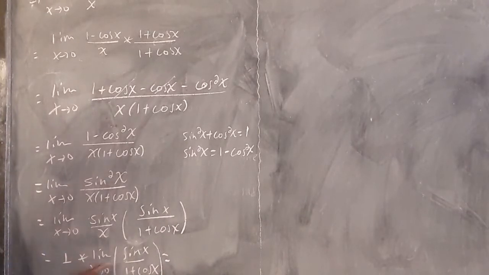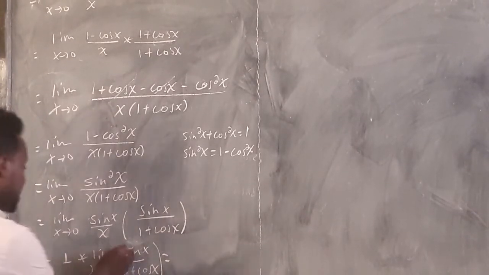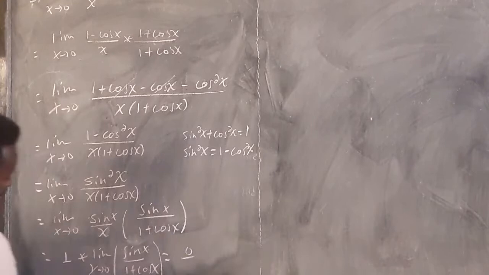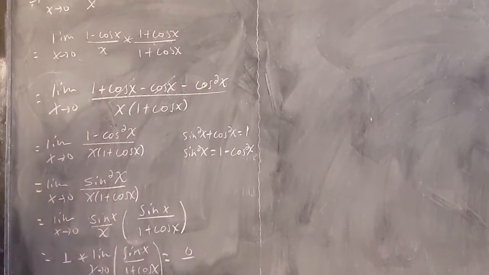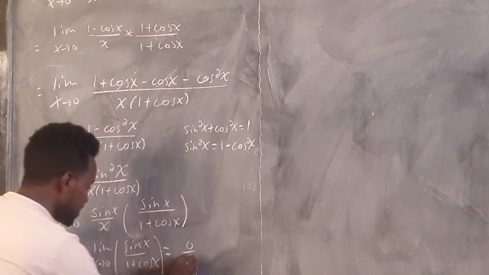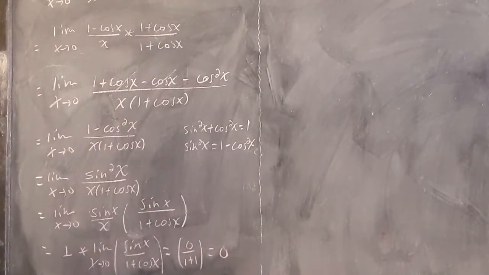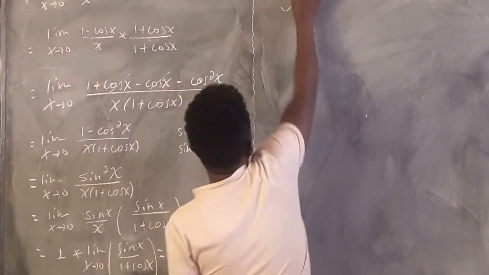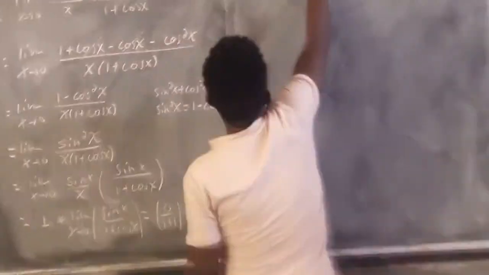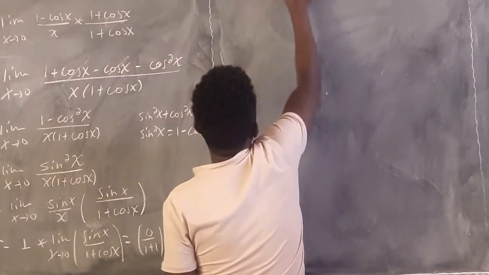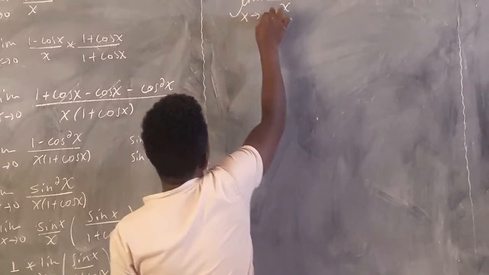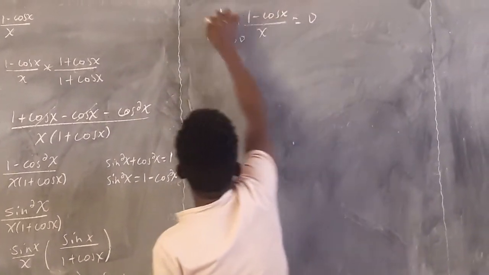We can substitute x: sin 0 is 0, and 1 plus cos 0 is 1 plus 1, which is 2, so the result is 0. So the limit of 1 minus cos x over x as x approaches 0 is 0.